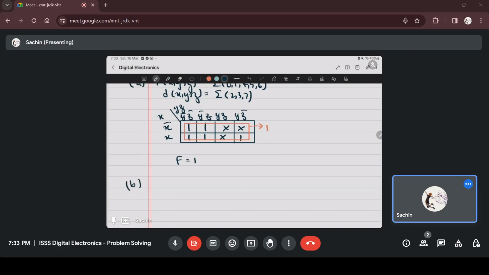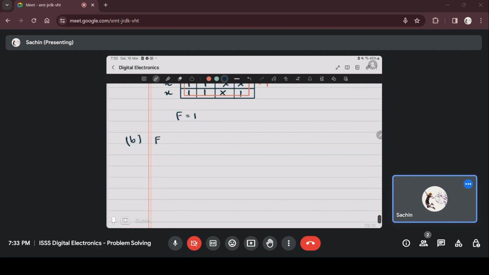Part B. F of ABCD is summation 0, 6, 8, 13, 14, and don't cares are 2, 4, 10.